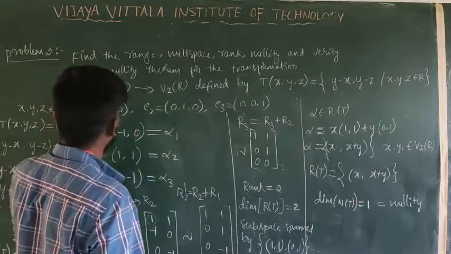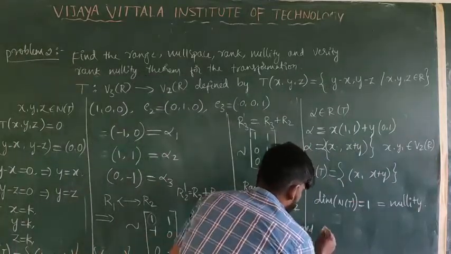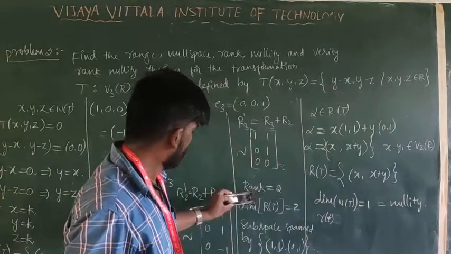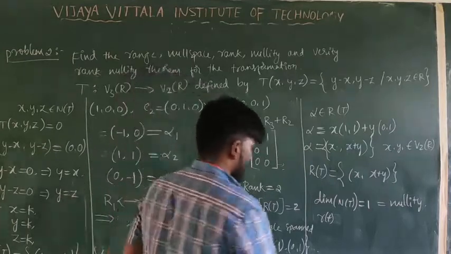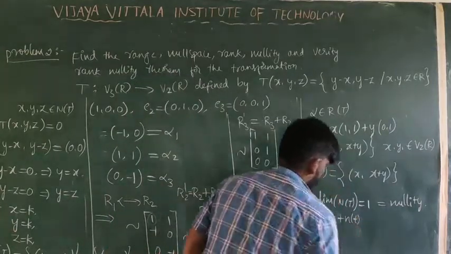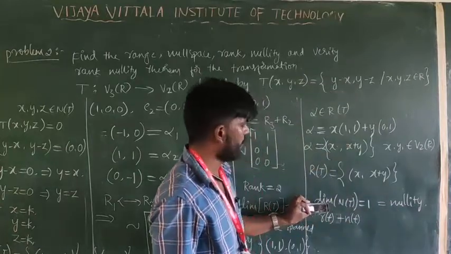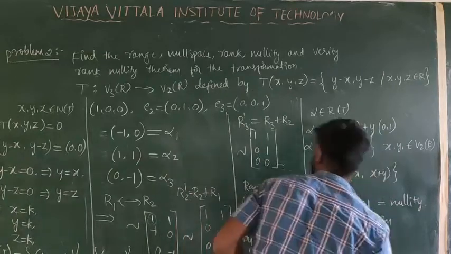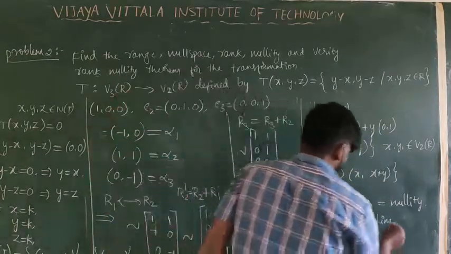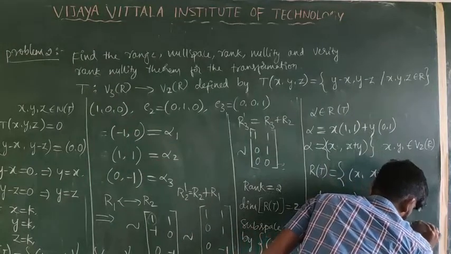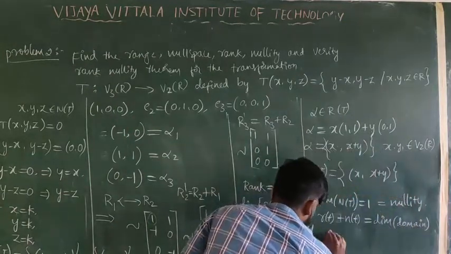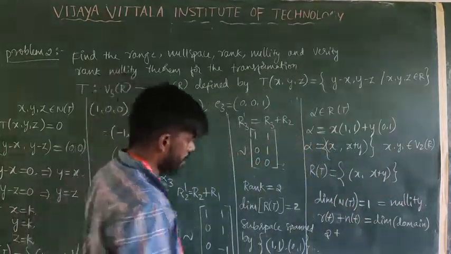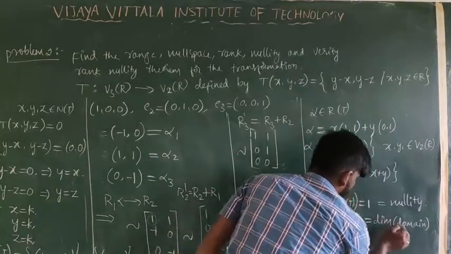Then verify the rank nullity theorem. The rank nullity theorem states that rank, which is the dimension of the range space, plus nullity, which is the dimension of the null space, equals the dimension of the domain V3 of R. Rank is 2 here. The dimension of the null space, nullity, is 1. 2 plus 1 equals the dimension of the domain.